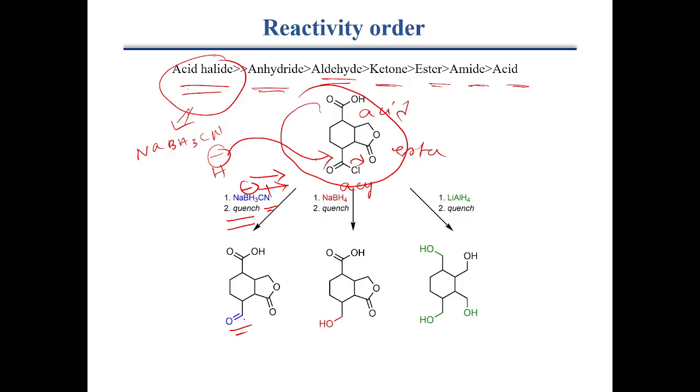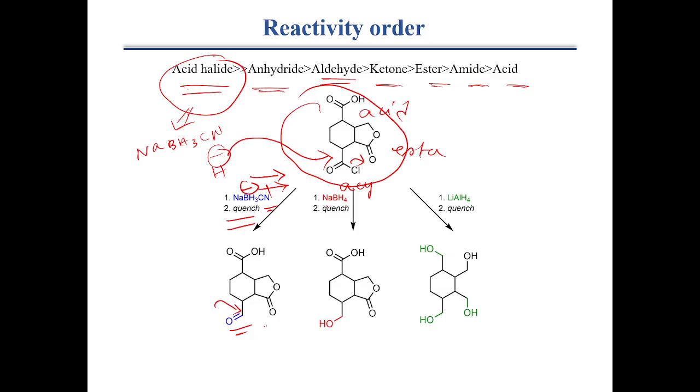As we all know, aldehyde is highly electrophilic, but the electrophilicity does not match the hydride source because the hydride has very little nucleophilicity here. That's why it's not attacking the aldehyde, not giving any alcohol.